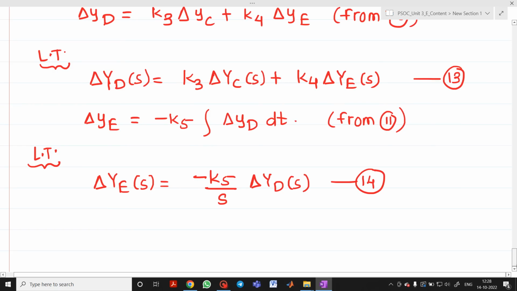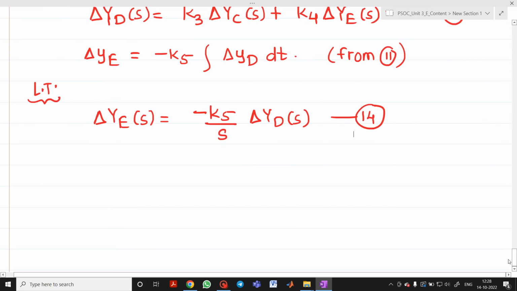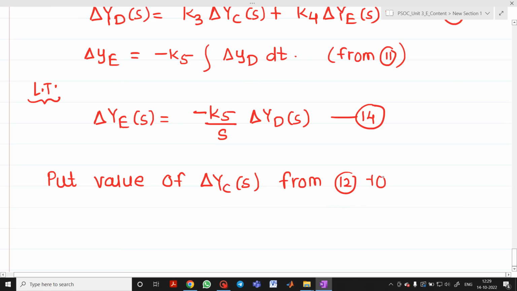Now I will write what substitutions we have to do. Put the value of delta yc of S from equation number 12 into 13.